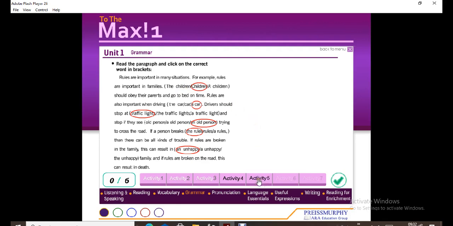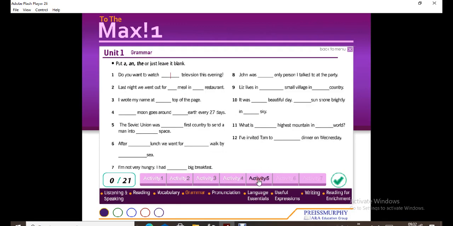Let me go to the second exercise. Exercise E says, please put a, an, the, or just leave it blank, with nothing. Okay.